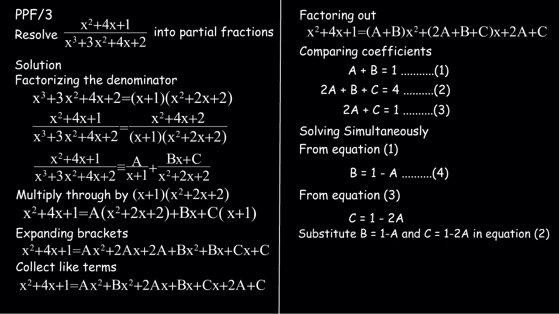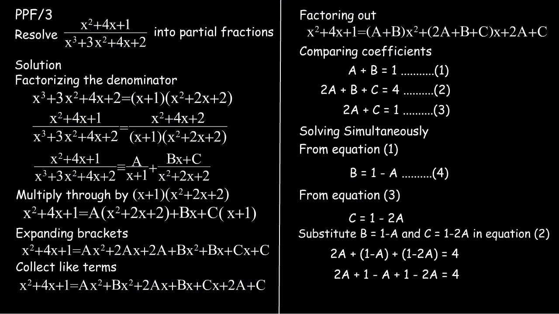Now substitute b is equal to 1 minus a and c is equal to 1 minus 2a in equation 2. Equation 2 becomes 2a plus (1 minus a) plus (1 minus 2a) is equal to 4. And opening our brackets, it becomes 2a plus 1 minus a plus 1 minus 2a is equal to 4.